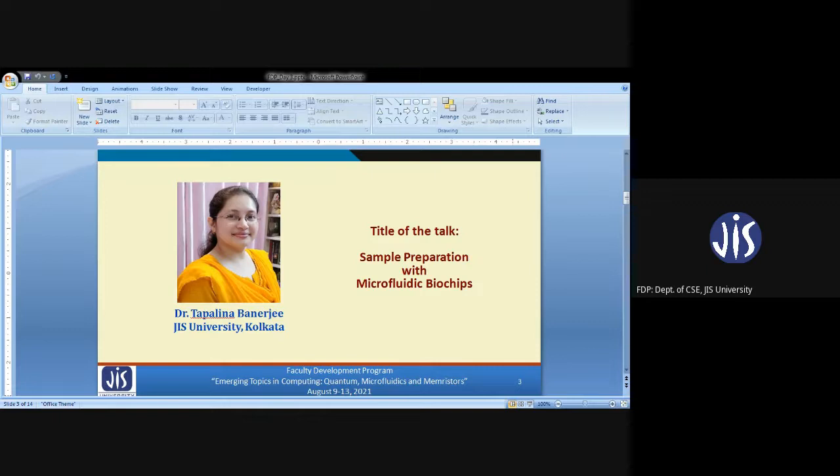Tapalina Banerjee is an assistant professor in the Department of Computer Science and Engineering at JIS University, Kolkata. Earlier, she worked as assistant professor at Haldia Institute of Technology, Haldia. She has successfully completed PhD in technology, MTech, BTech, and BSc with honors, all from University of Calcutta in computer science and engineering.